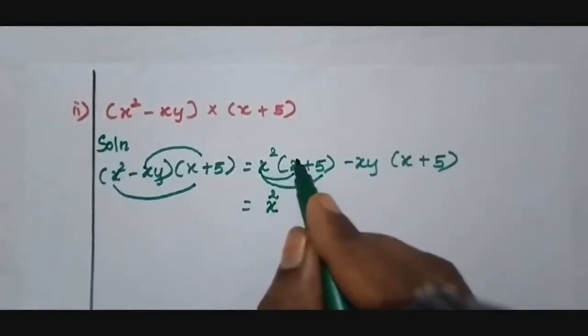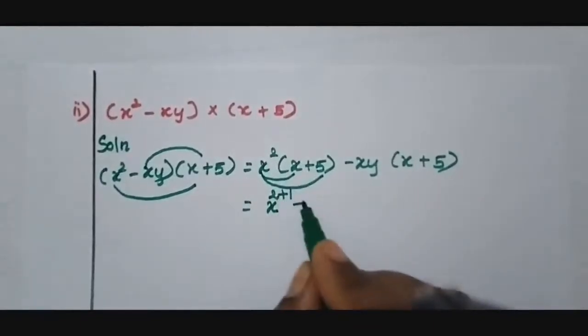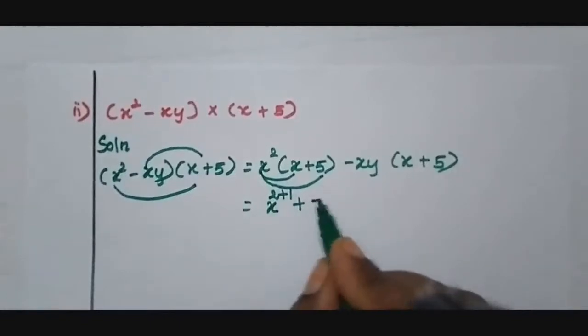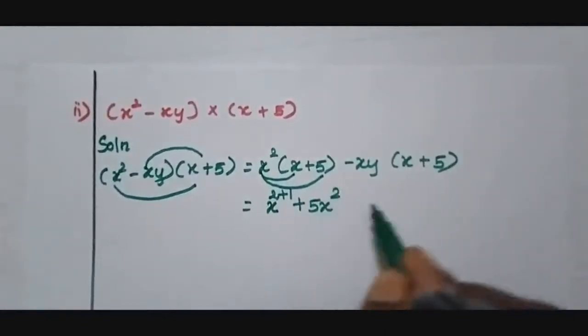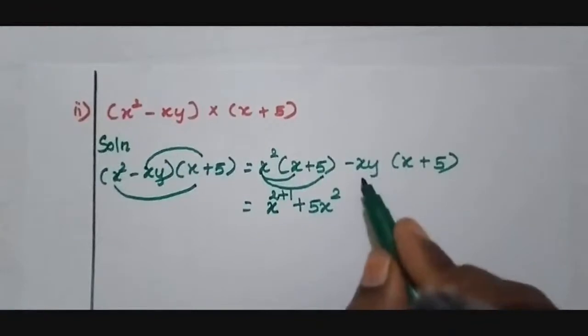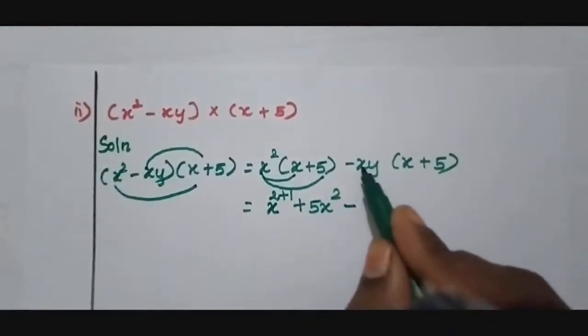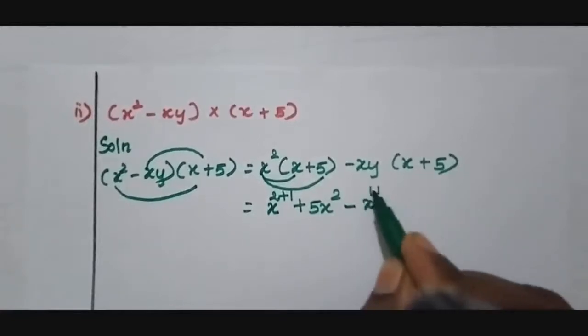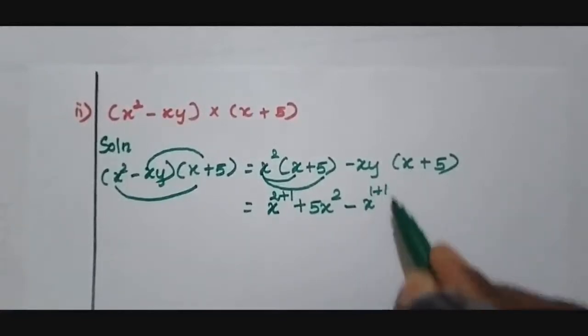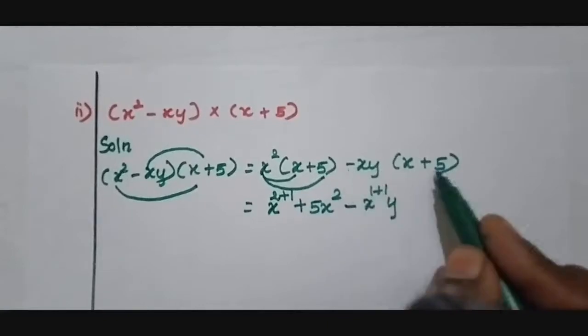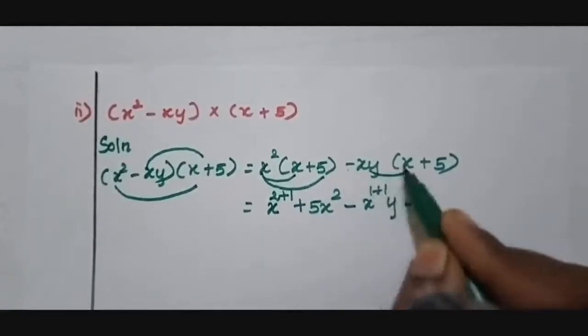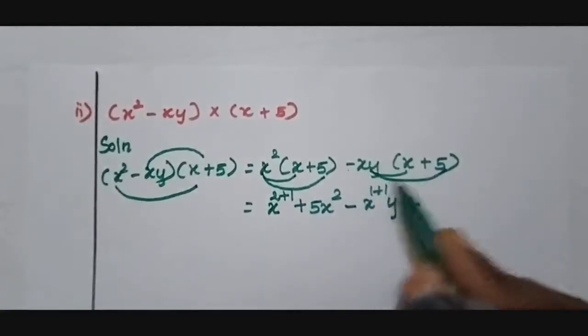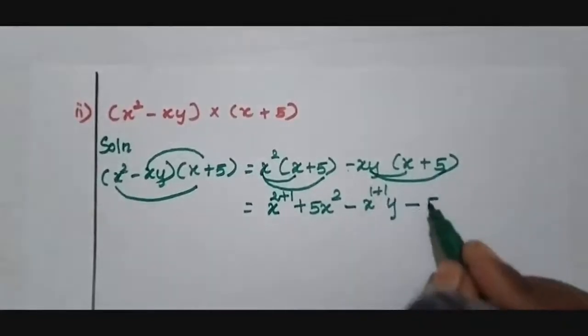x square into x is x power 2 plus 1, here the power of x is 1, plus x square into 5 is 5x square. Now minus xy into x is x power 1, here also the power is 1, into y. Minus into plus is minus. xy into 5 is 5xy.